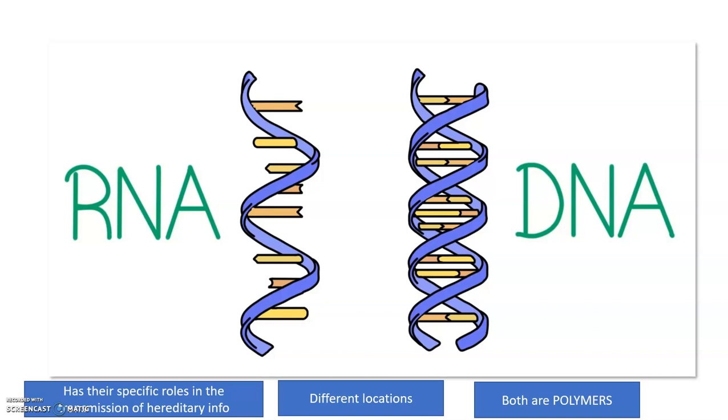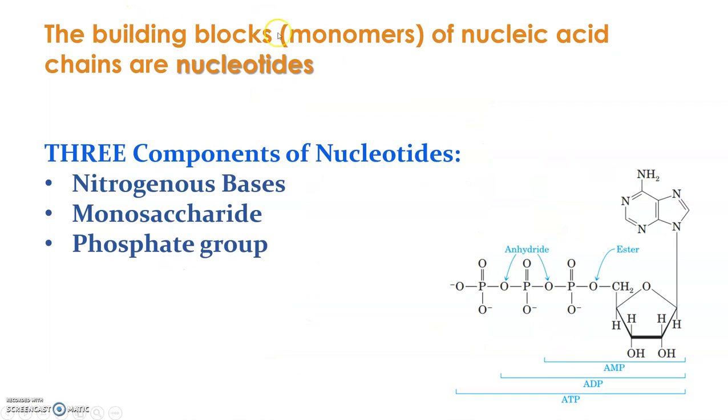So your DNA is also a polymer, and so is your RNA. What are the building blocks of these nucleic acids? These are called nucleotides. And they have three components: nitrogenous bases, a monosaccharide, and a phosphate group. So let's go first to your nitrogenous bases. Alright?